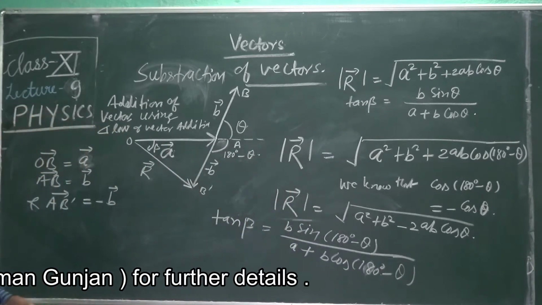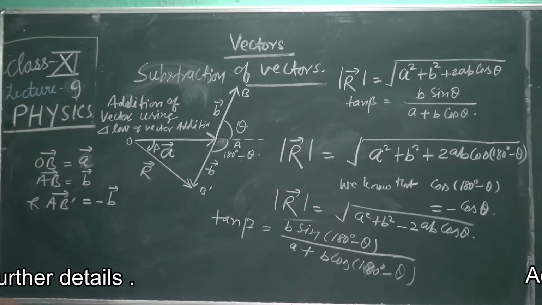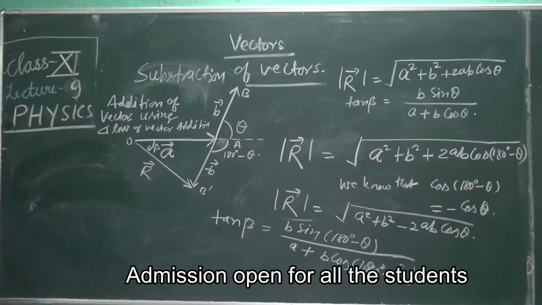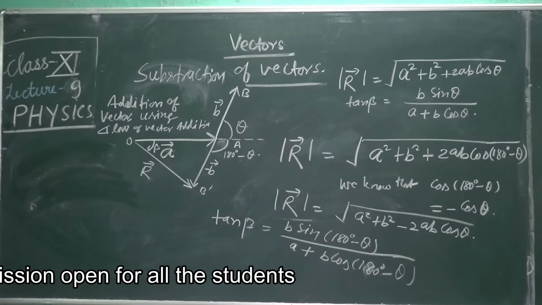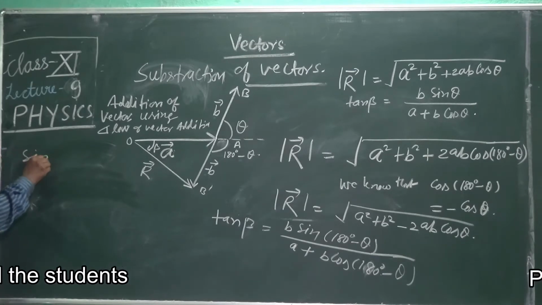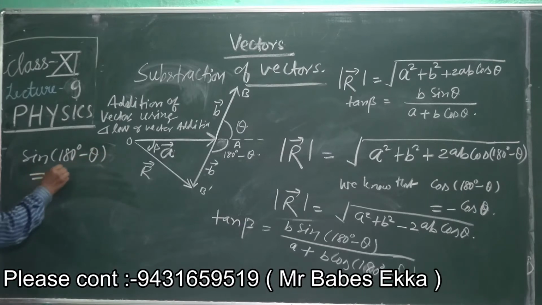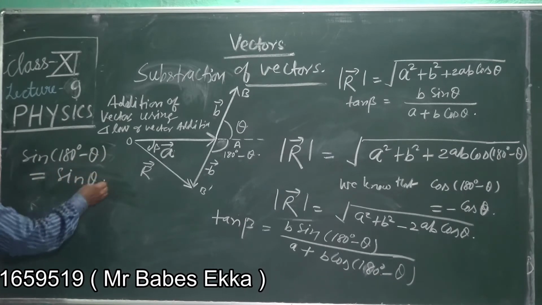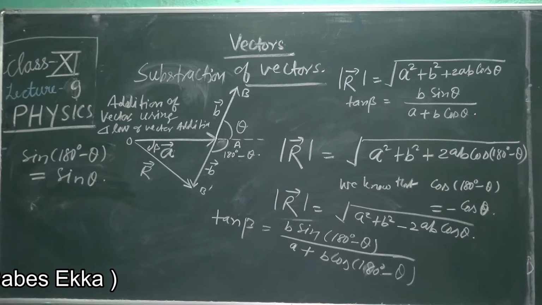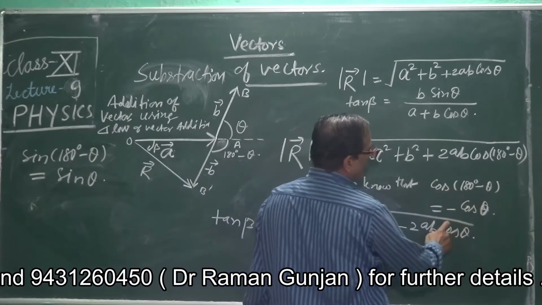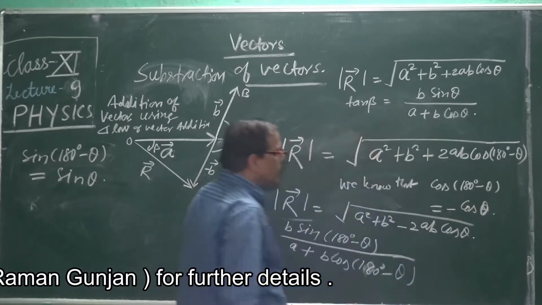Okay, see here, sine 180 degree minus theta is sine theta, and you know that cos 180 degree minus theta is minus cos theta.